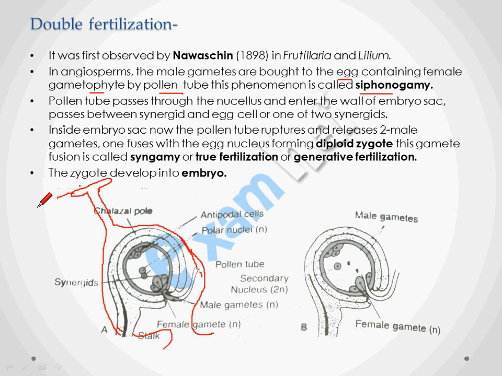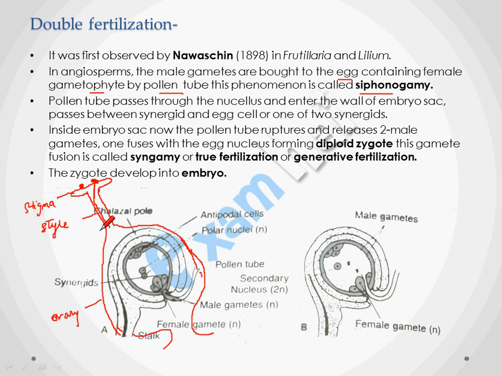This one is the stigma, this one is the style, and this is the ovary. So the stigma receives the pollen grain, and the pollen tube will grow through the style.